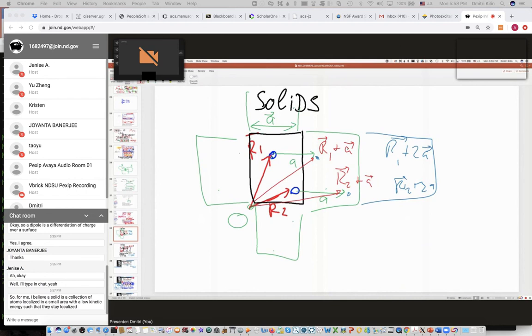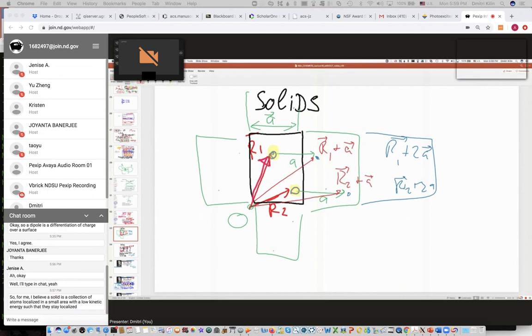So the mutual arrangement of atoms is repeated again and again in a periodic way. Suppose we have a solid crystal and we have two atoms. Then we can form this black box, and in this black box we have these red arrows showing the positions of these two atoms.